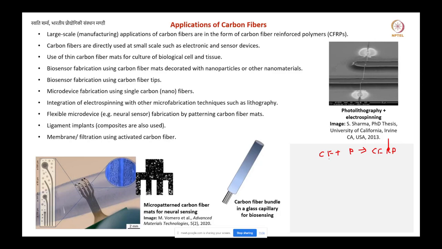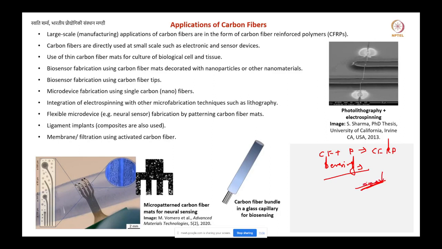You can use this for many sensing applications because it is conductive, and you can use it for electronic purposes, and thin carbon fiber for culture of biological cells and tissues. Since it has a biocompatible property, we can use this carbon fiber mat for culturing your cells.